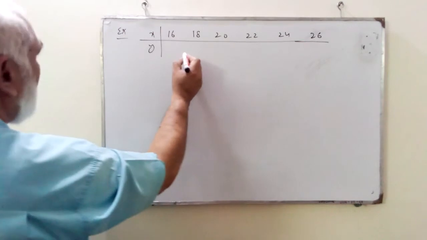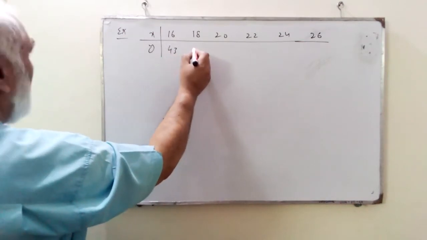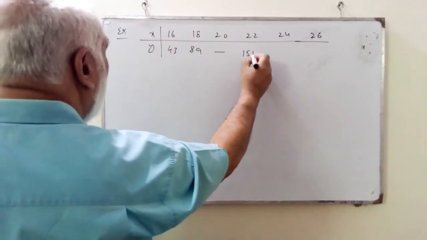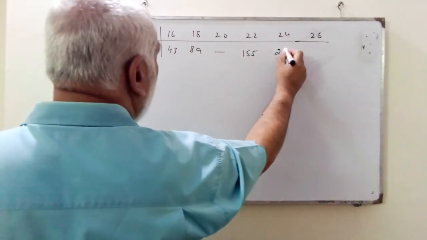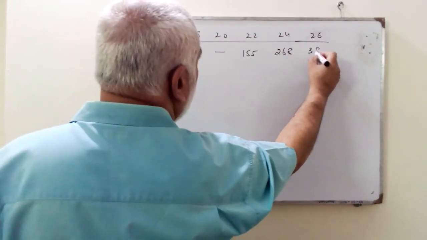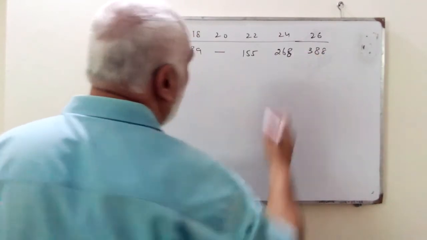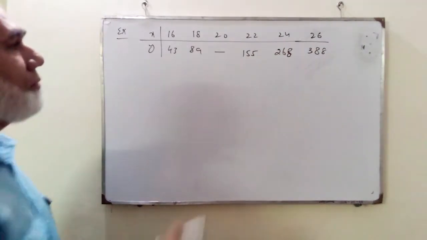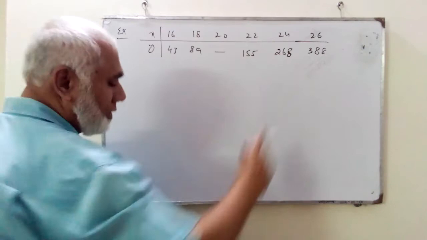The corresponding values are 43, 89, dash, 155, 268, and 388. These are the values given to you, and you have to find the missing value among this set of points.